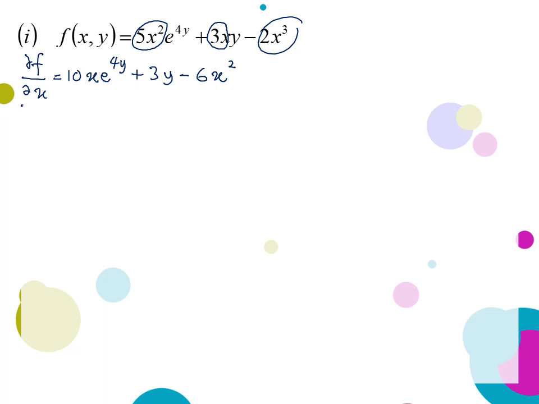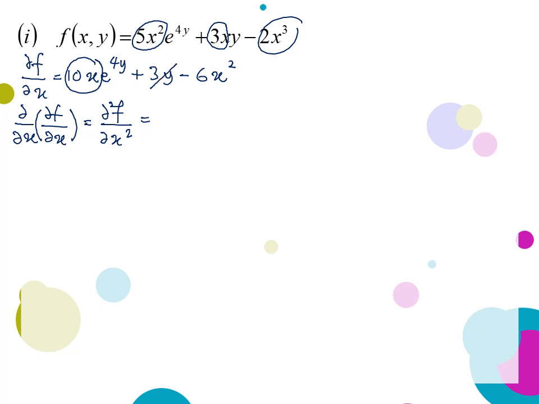Then we will do the second order, where we will differentiate this one more time with respect to the same variable. So we will get second order of del squared f del x squared. So concentrate on x one more time. Concentrate on x only.